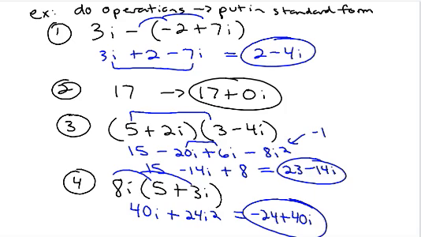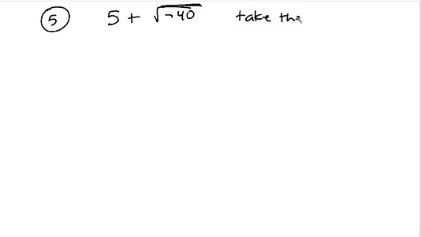All right. Now, the last thing. You're going to have some problems where you have to simplify radicals. All right, this is example number 5. Let's say they give you 5 plus the square root of negative 40. All right, and notice that the negative number is under the radical. Okay, here's the rule. Take the i out first. Always.